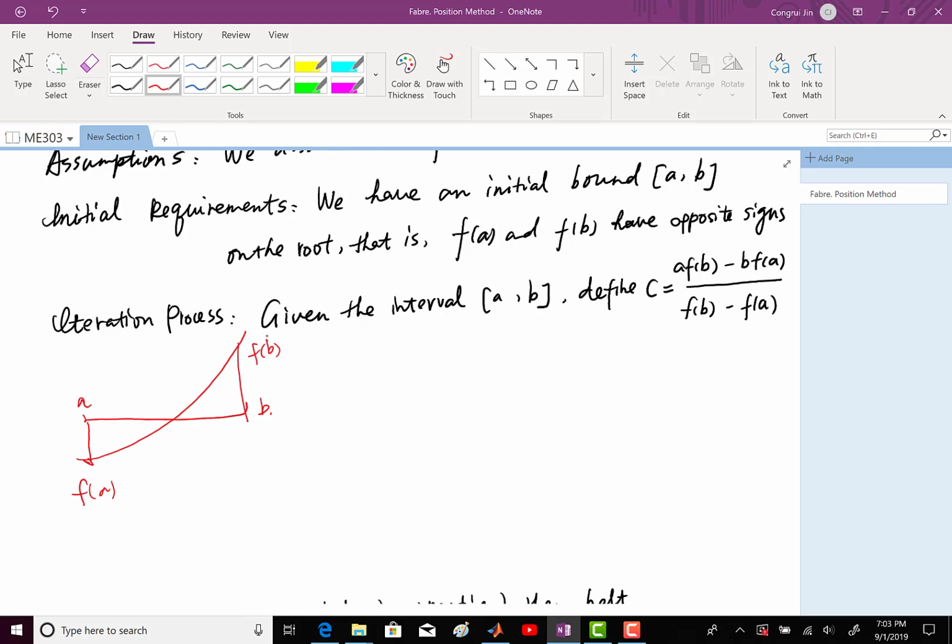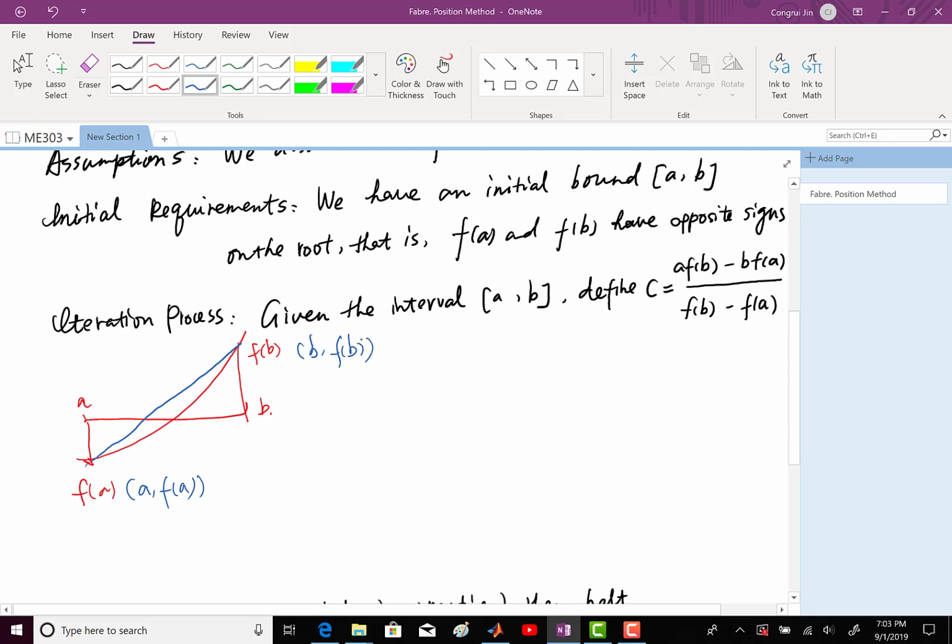However, when you use the false position method, instead of using the midpoint, we draw a straight line connecting the points (a, f(a)) and (b, f(b)).